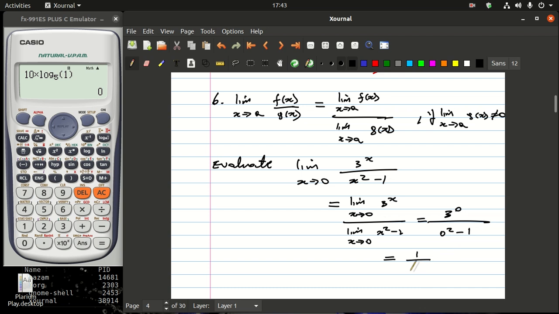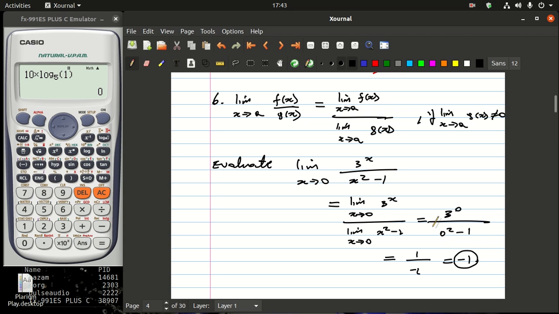In the denominator, I will end up having minus 1. The answer is minus 1. So basically here, even if I were to just plug in, I would end up having that. So first rule, plug in and see what you are getting. If you are getting a nice value, that is actually your limit.